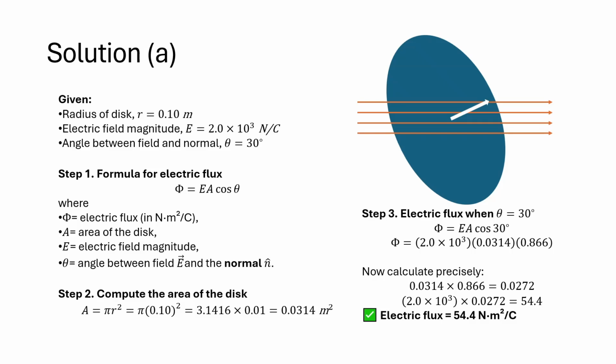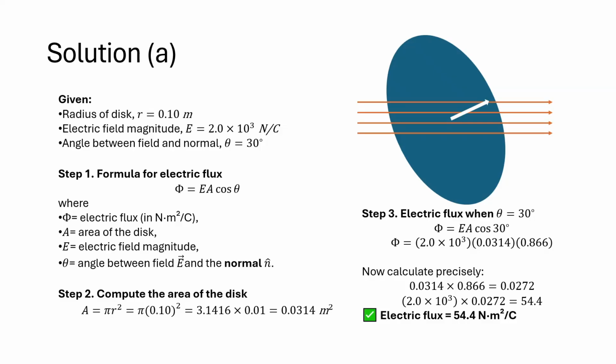Now, the area of the disk after the computation is equal to 0.0314 square meter. Now next, we're going to determine the electric flux when the angle is equal to 30 degrees. So the equation will be electric field times the area times cosine 30 degrees.